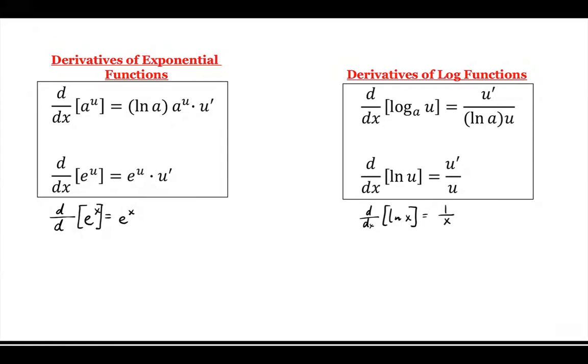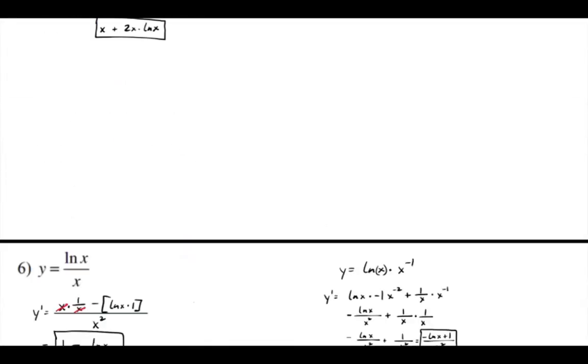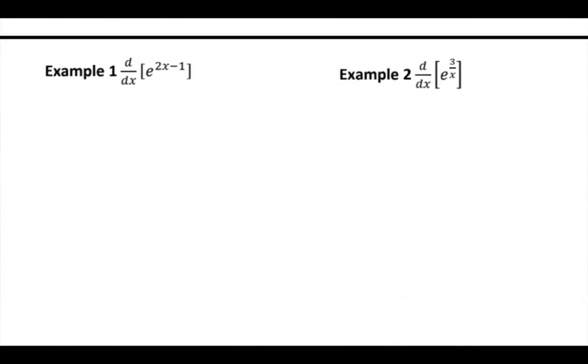All right. So anytime we need to find the derivative of a log, these are the steps that we're going to follow. Okay. So let's see where we left off here. Okay, so we skipped these two.